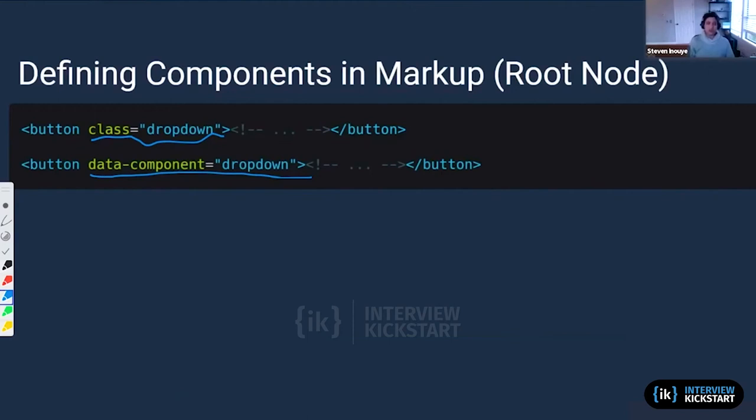So we're going to focus on using the data component way of defining our components, but there are multiple ways of doing it, and you should use whatever is most comfortable to you. Front-end development is not strict in the way that we must do it. There are many different ways to get the same results in front-end development, and no answer is really more right or more wrong than another answer.